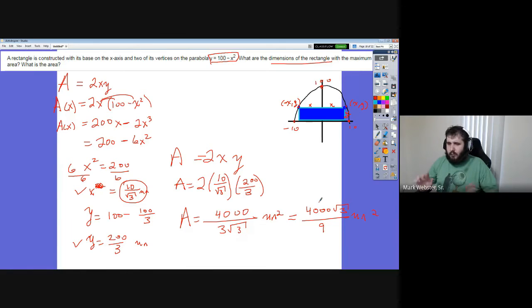And also, I will tell you, once you get to college, literally no one cares about rationalizing the denominator anymore. It's an exercise for children. We are all no longer children, so we can leave our radicals where we like. So this one requires less work, but if you want to give me this one, you can give me this one too. I won't say no. All right.